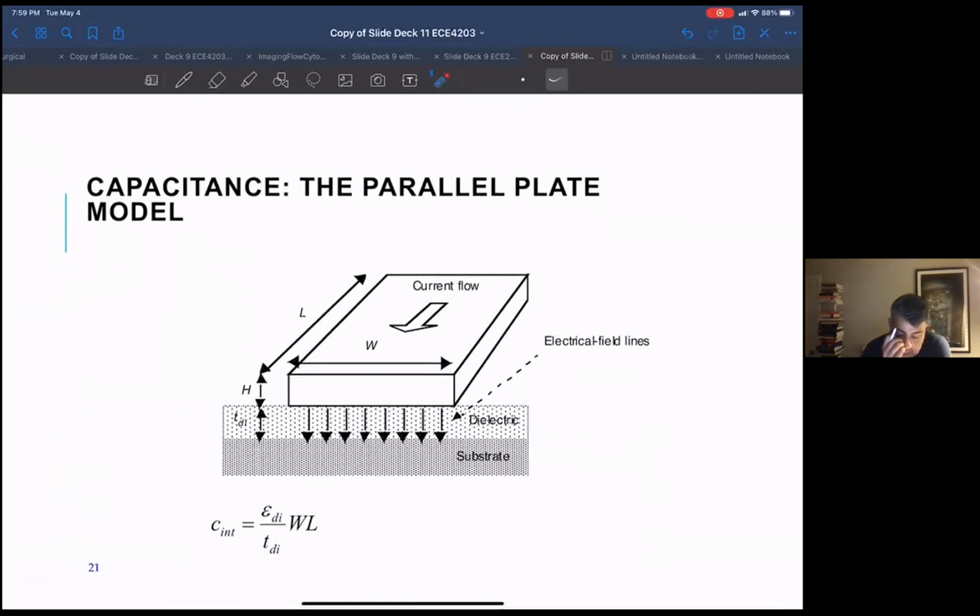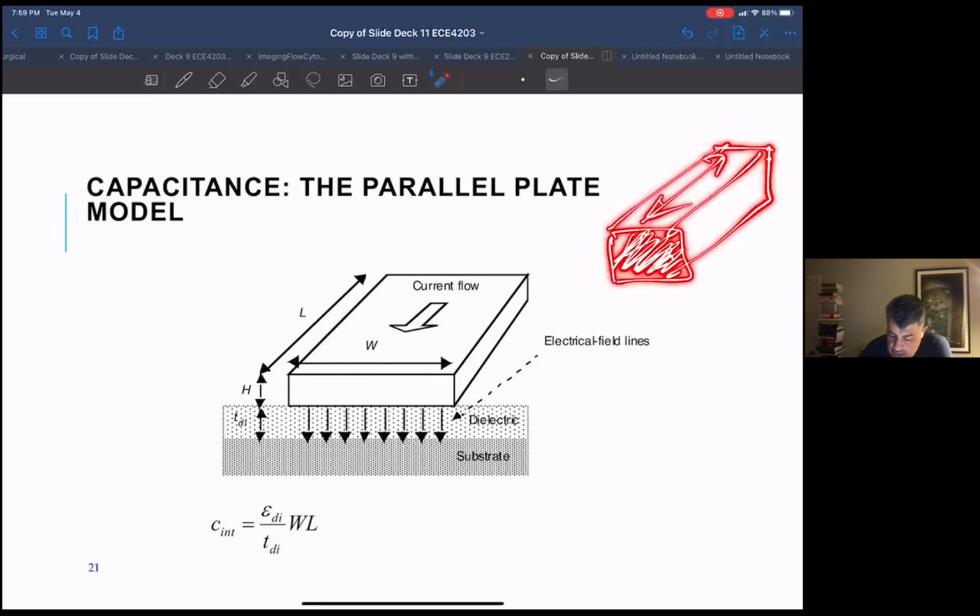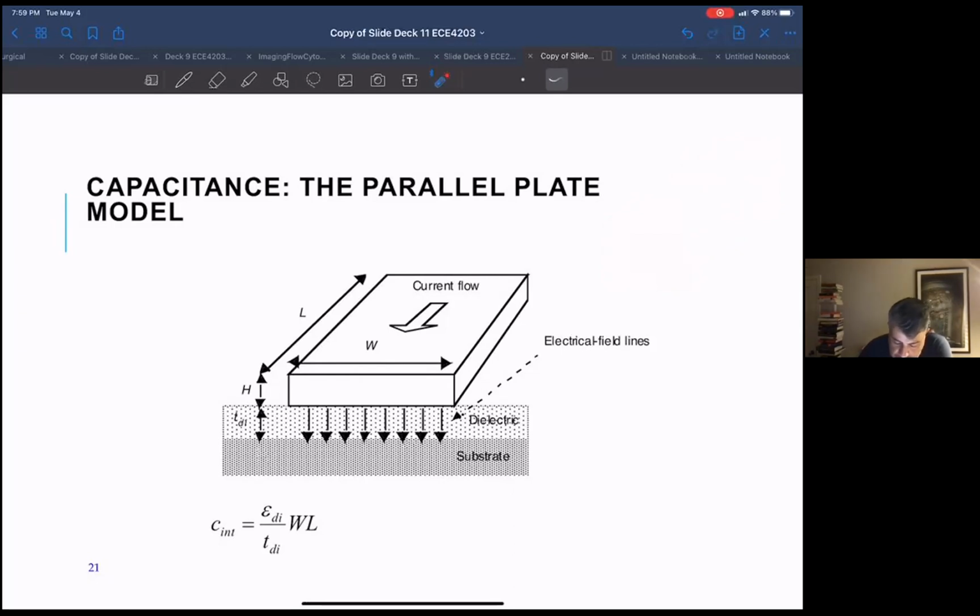Now we're talking about capacitance. Just as we talked about resistance, where you've got this line, and the cross section reduces the resistance and the length increases the resistance, when you think about capacitance, one really simple model is a parallel plate model.